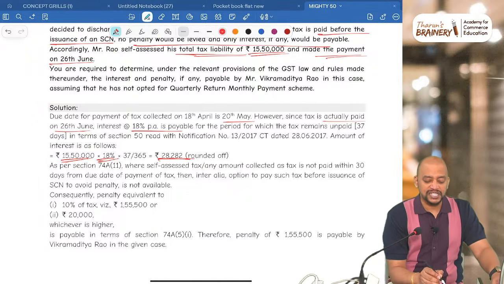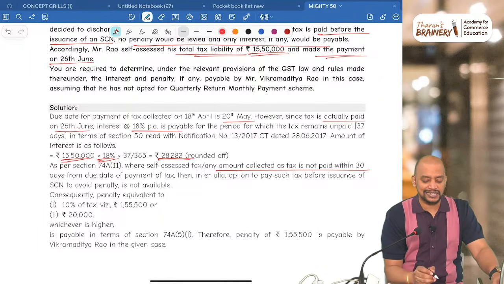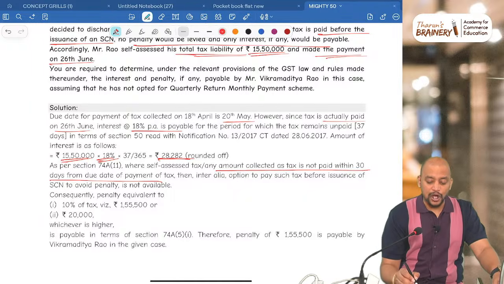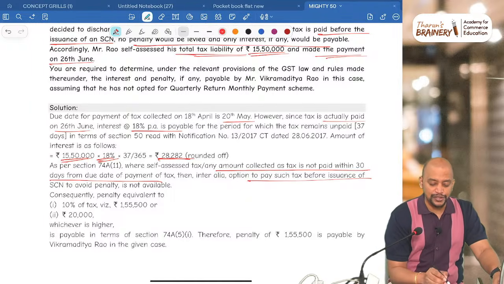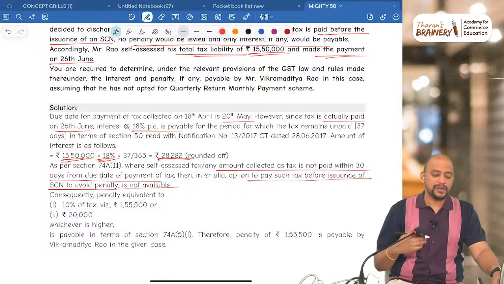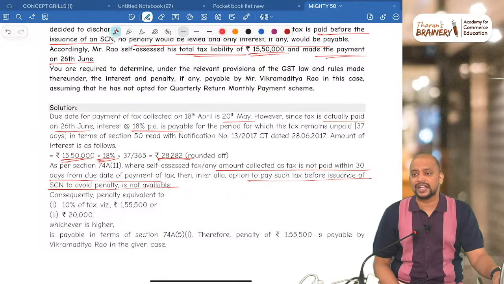And as per 74A, where self-assessed tax or any amount collected as tax is not paid within 30 days from the due date of payment of tax, then the option to pay such tax before show cause notice to avoid penalty is not available, which means they need to pay penalty. How much is the penalty? Is it fraud case or other than fraud case? Other than fraud case.